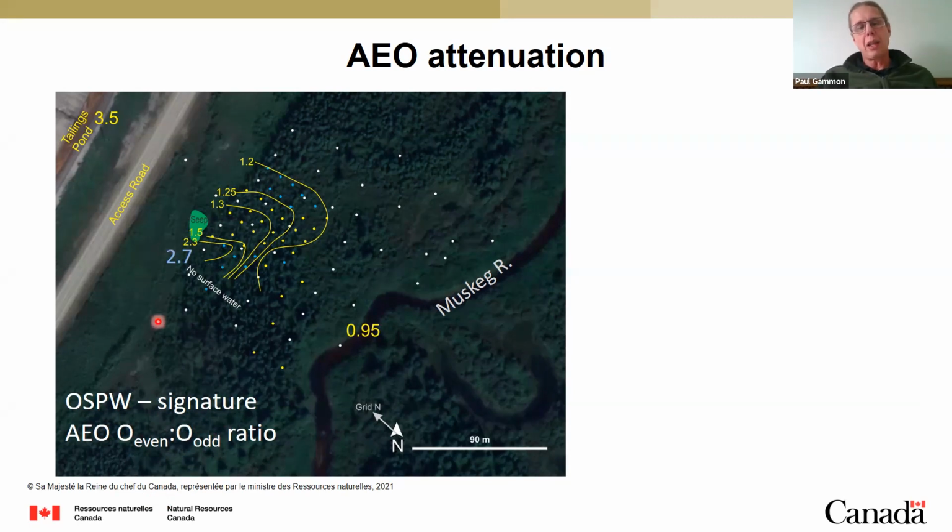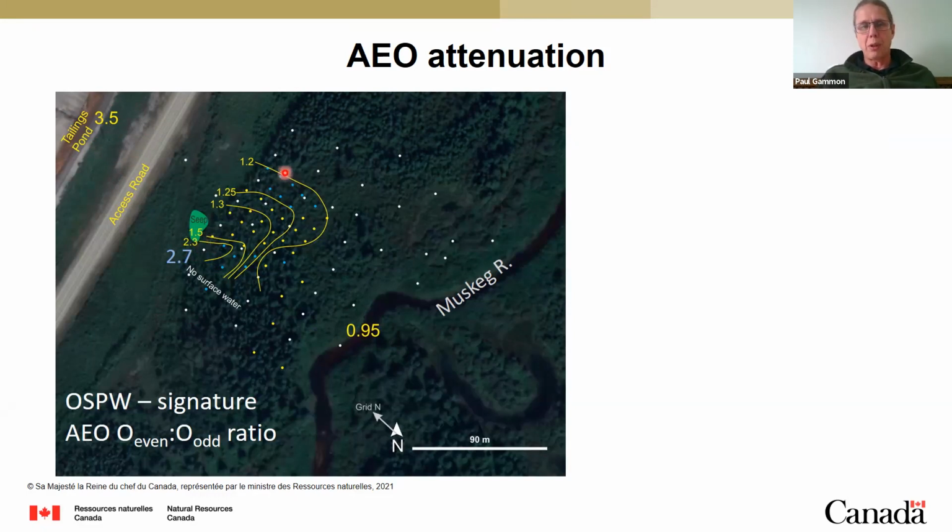And you see that it doesn't really matter which one I plotted. They both show the same thing. The tailings pond is around 3.5, and that's that ratio. Muskeg River is 0.95. At the seep, it's around maximum at 2.7. So it's dropped 0.8 over this 100 meters between the tailings pond and the seep. Yet in this 10 meters here, it drops another 1.2.